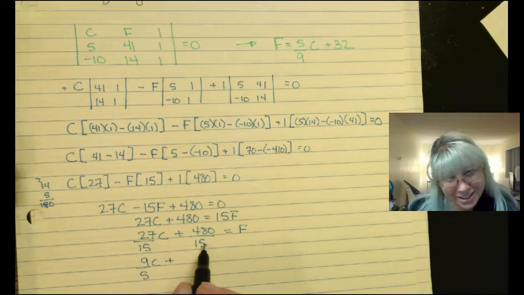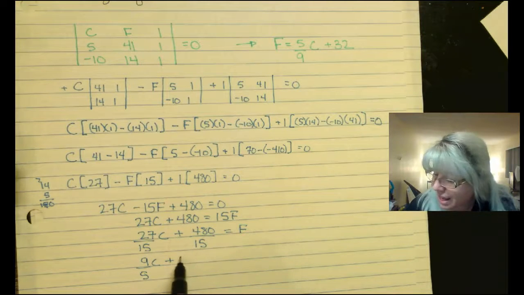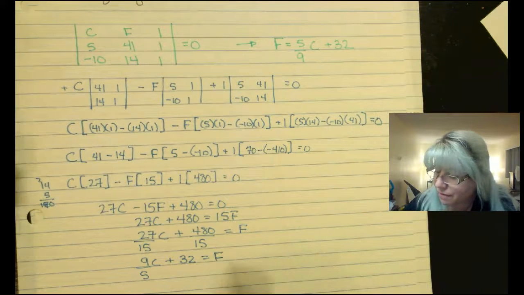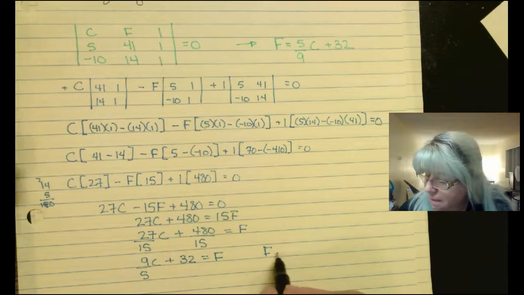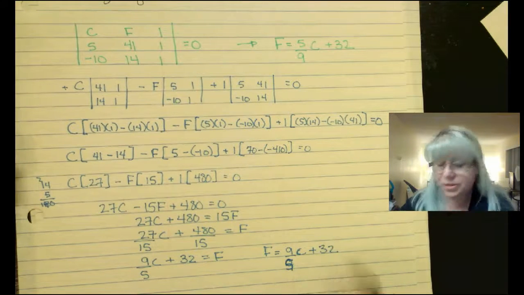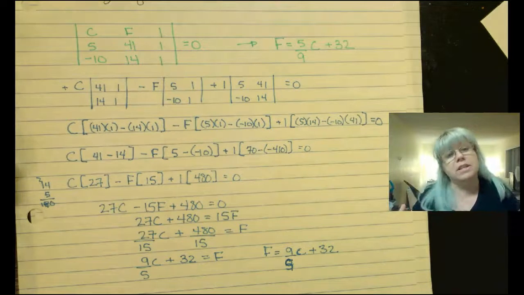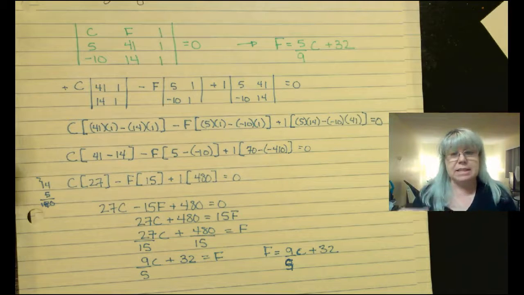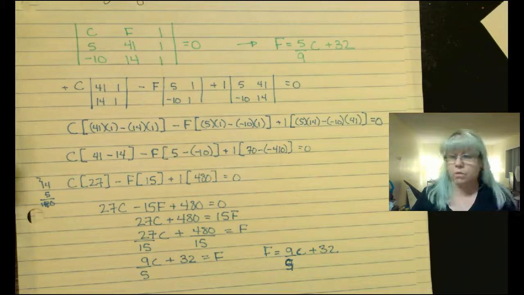And 15 goes into 480 32 times equals F. So indeed, that matrix will give us the equation that we were looking for, right? Our observed information did indeed line up with the actual formula.